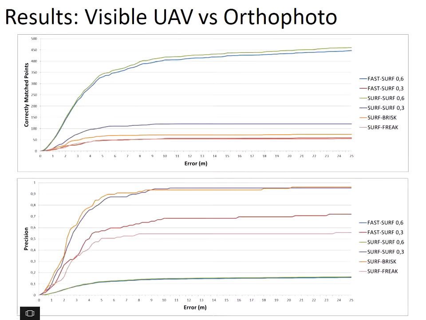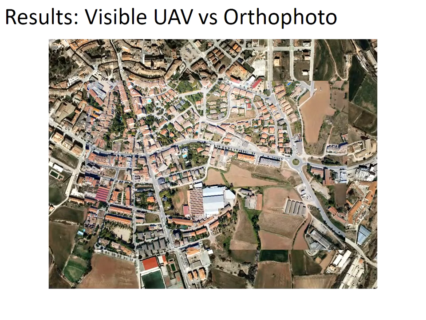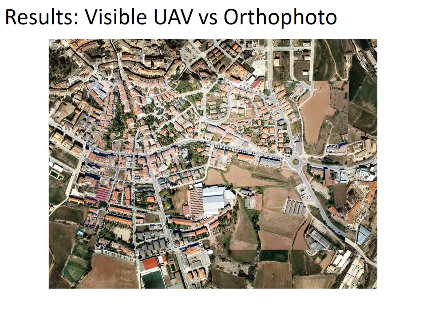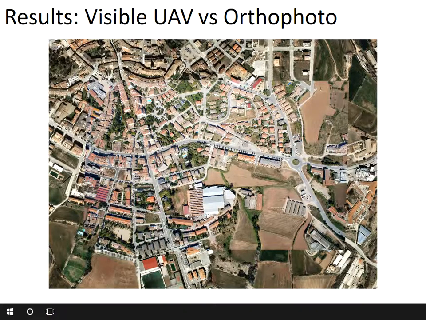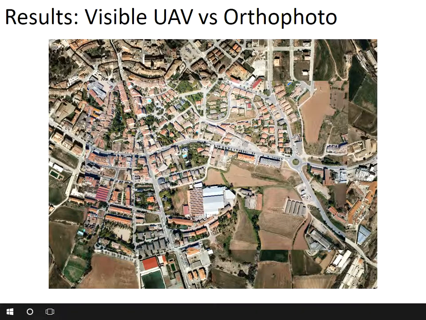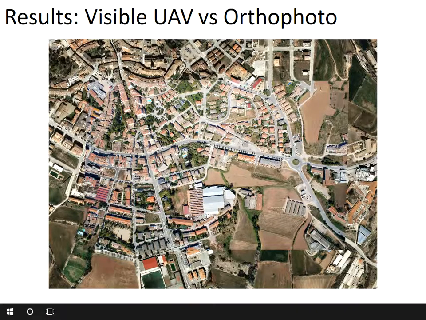Once we did the geometric transformation in this case, we end up having this kind of registration. As you can see here, especially in the surroundings of the image, the error is a little bit bigger than the one we expected. Here, if you measure this, you will end up having the worst error around 50 meters.